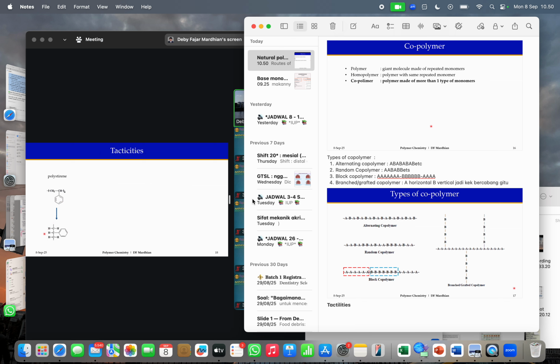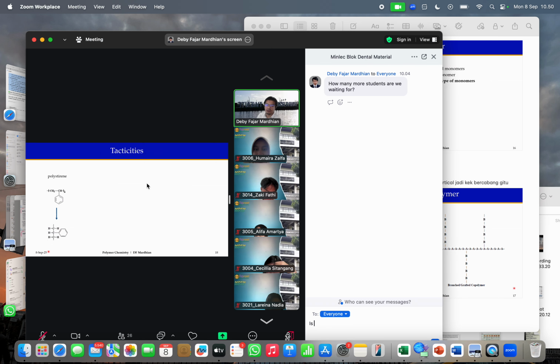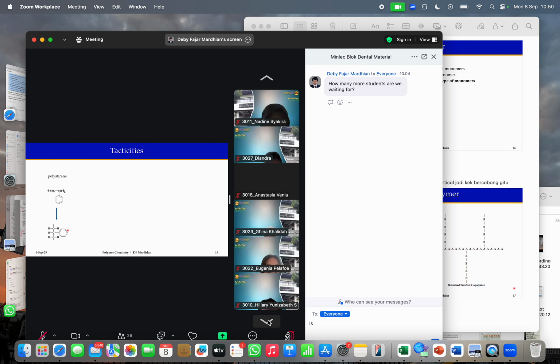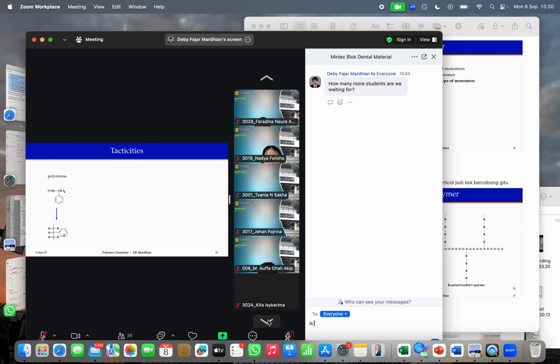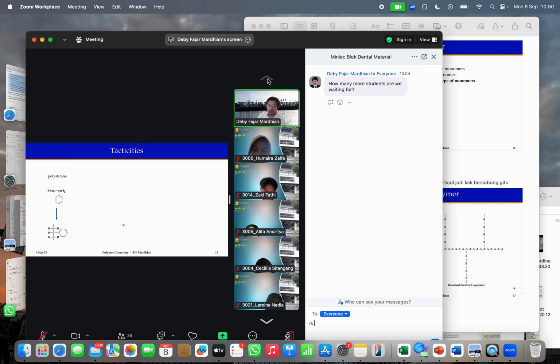So when we make a structure of this polymer, like this, like a ladder, we may want to know where exactly the benzene ring is placed.